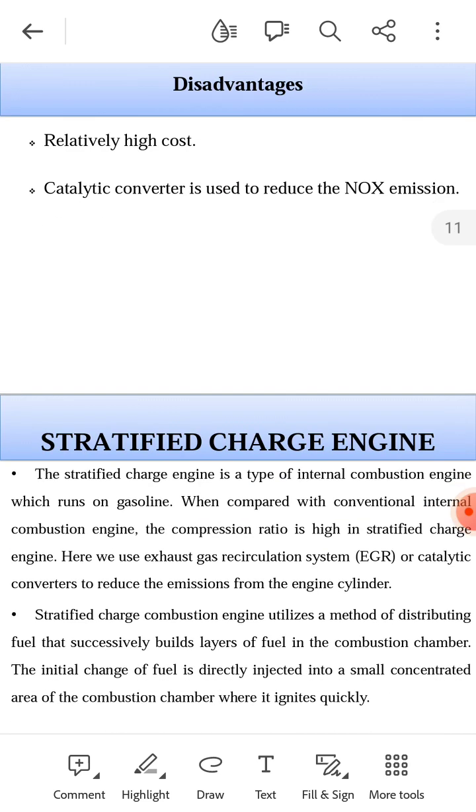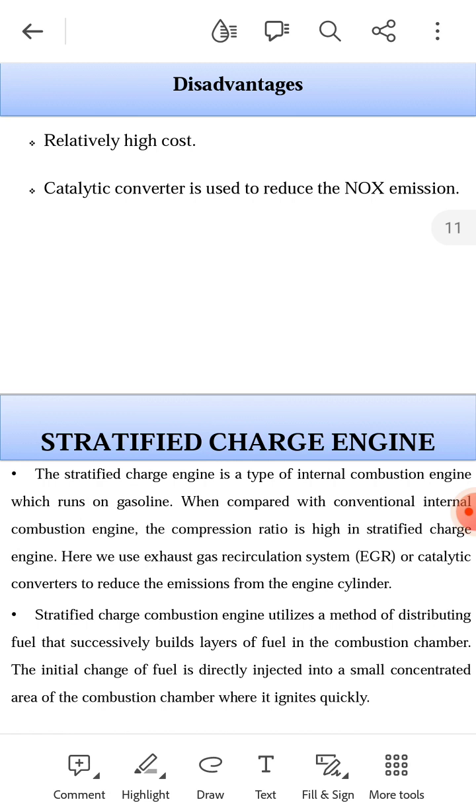Stratified charge engine. The stratified charge engine is a type of internal combustion engine which runs on gasoline. When compared with the conventional internal combustion engine, the compression ratio is high in the stratified charge engine.